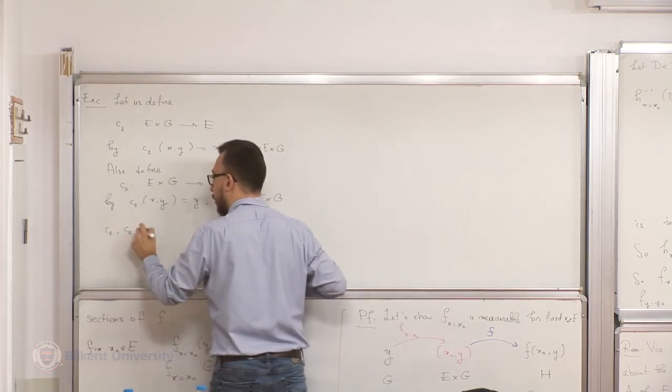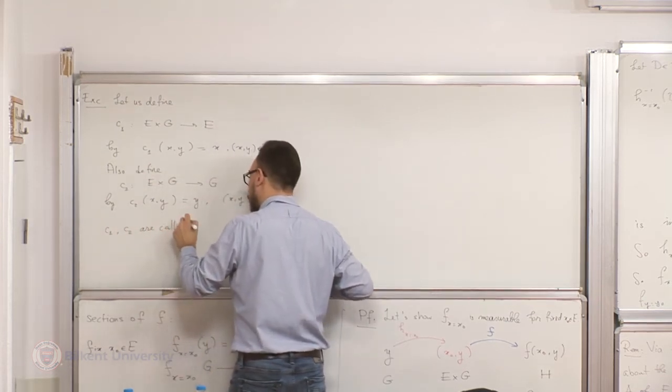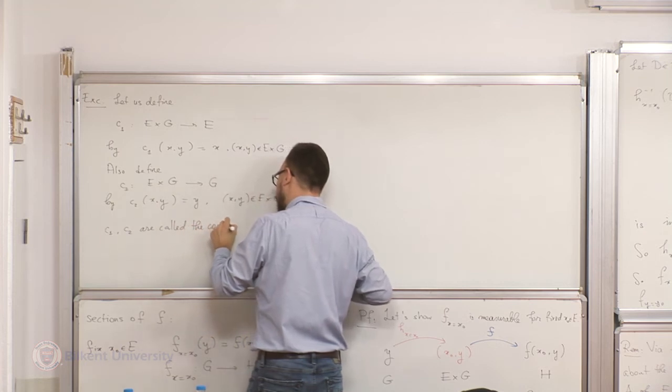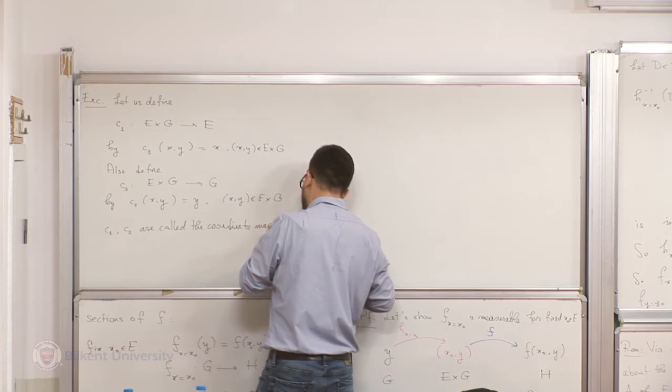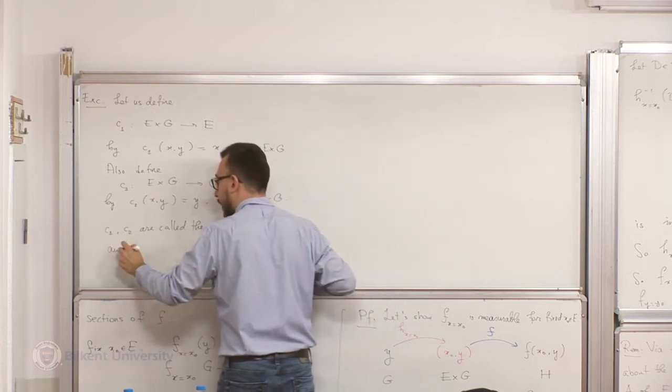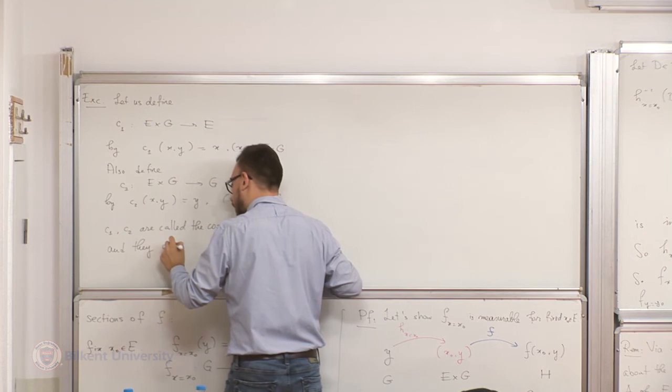C1, C2 are called the coordinate mappings. And they are measurable.